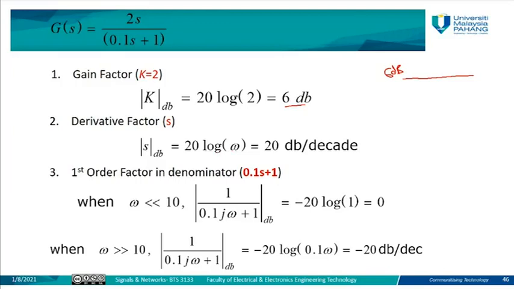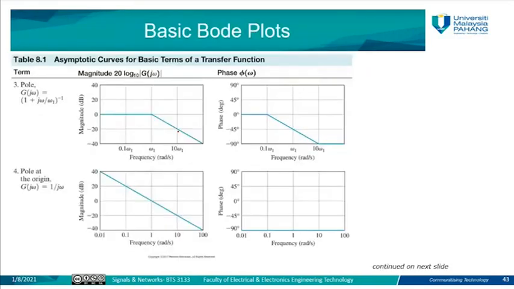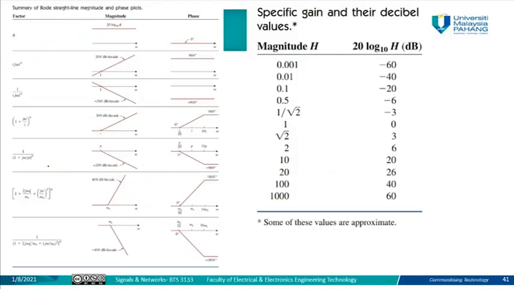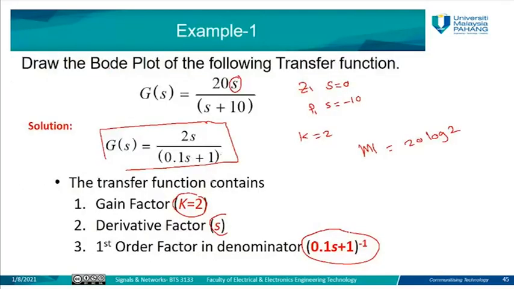And we already see, I told you this is the common, the standard graph, that if you have a derivative value, which is j omega here, the drawing will be 20 dB per decade. So this is the standard. Whatever you calculate, you take it from the table, you memorize, whatever, it is 20 dB per decade. So the drawing for this one will be 20 dB per decade.